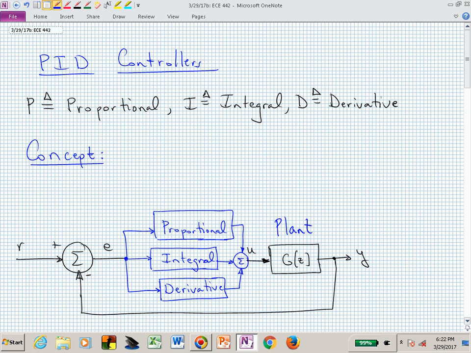but now you do 3 different things with that error. One, you simply scale it proportionally. The other, the middle path, you integrate that error and then gain that up and add that in to influence the input to your plant. The bottom parallel path of this PID controller is saying, take the derivative of the error signal and scale that.